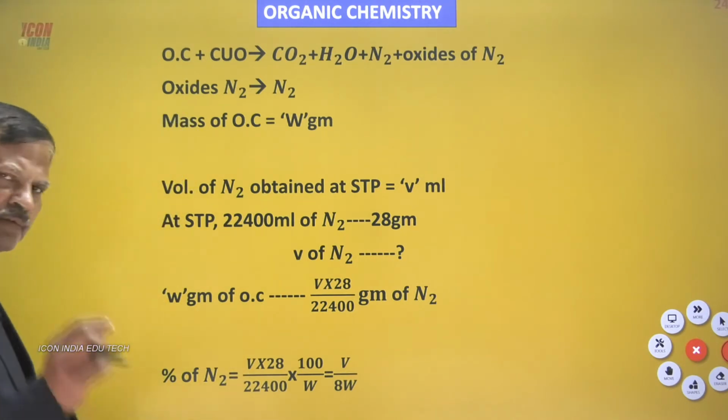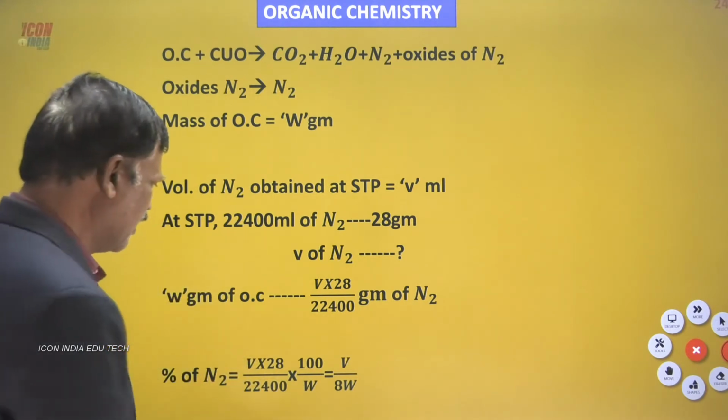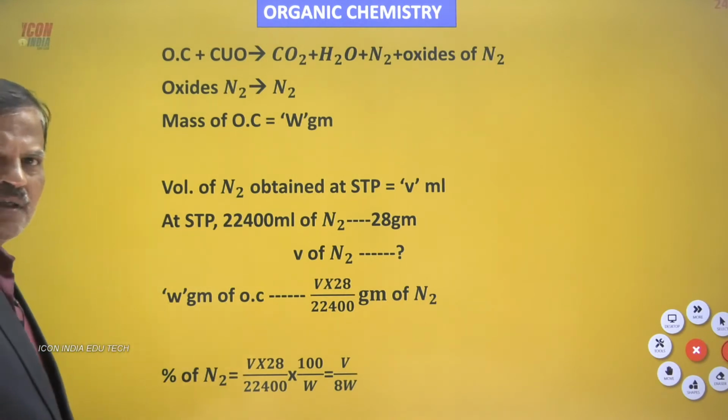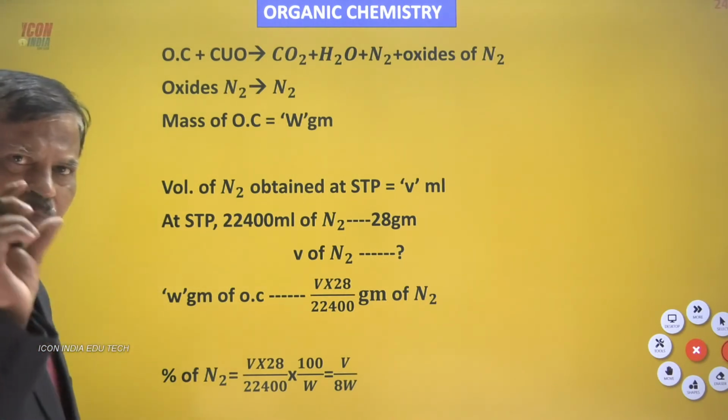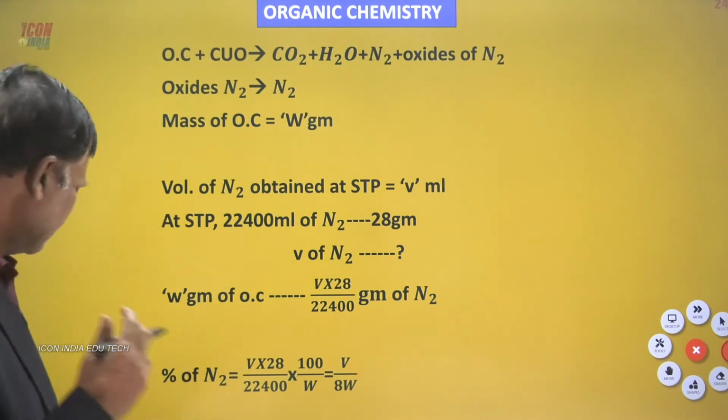Here V is the volume of free nitrogen obtained in the experiment, and W is the mass of organic compound. Thus, in the Dumas method, nitrogen is estimated from free elementary nitrogen.